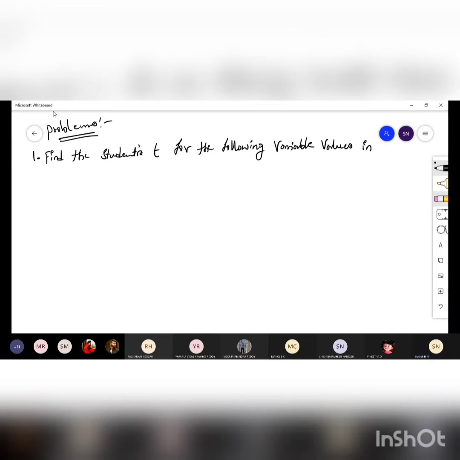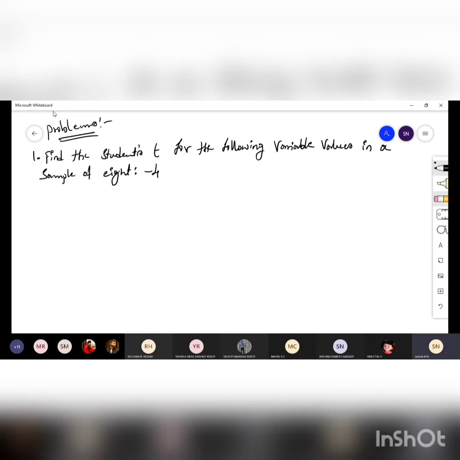First one, find the students t for the following variable values in a sample of 8.